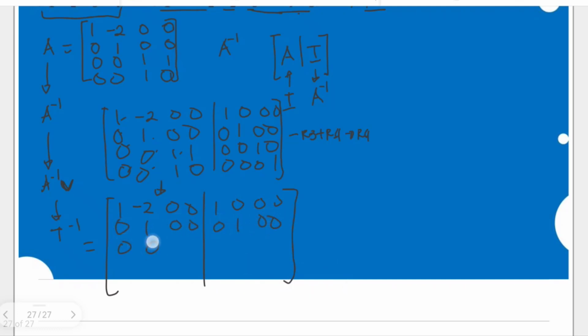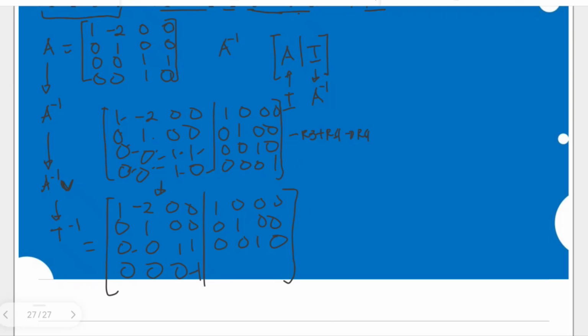The third row is also unchanged. And the last row will be multiply negative 1 to row 3 to add it on row number 4. So that's 0, 0 plus 0, 0. 0 plus 0, 0. Negative 1 times 1 is negative 1 plus 1, 0. Negative 1 times 1 is negative 1 plus 0, negative 1.